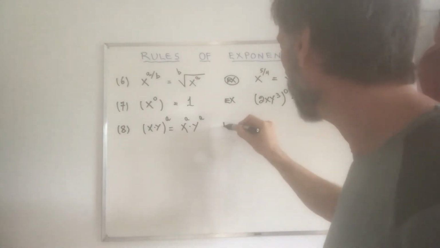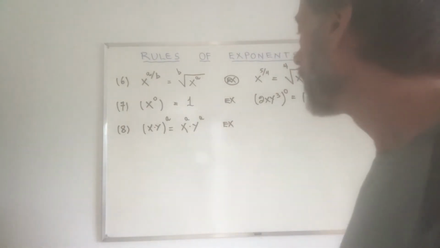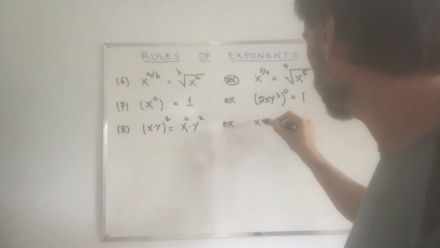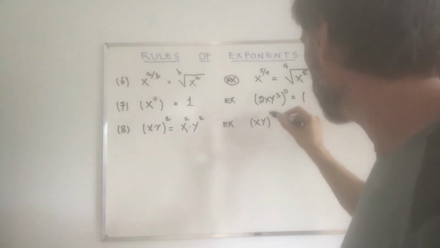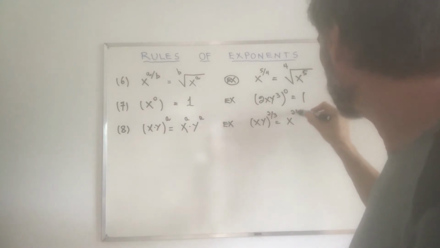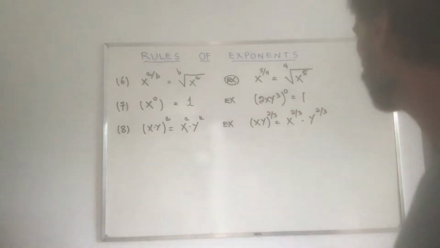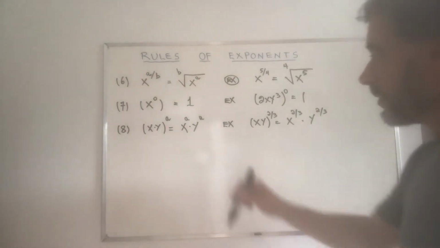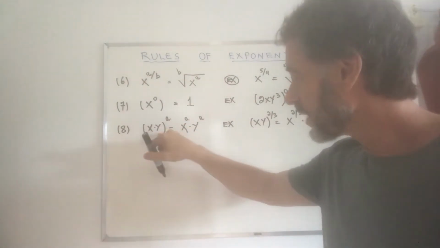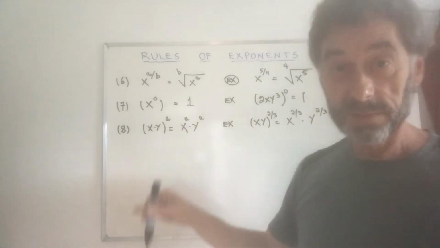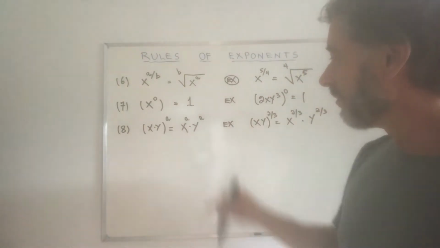Quick example: if you have xy to the power of 2/3, then this is x to the 2/3 times y to the 2/3. That's what it is. So you see that the power a was distributed to both variables.